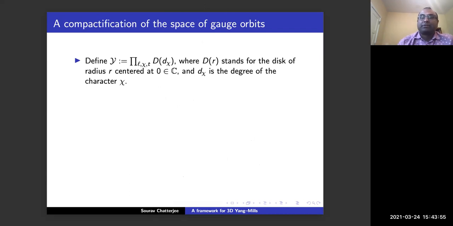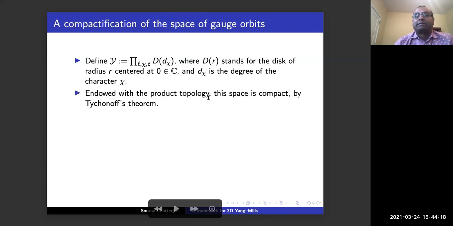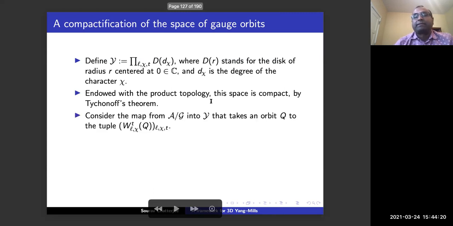Now you can see this abstract approach, a completely simple thing that you can do. The Wilson loop variable corresponding to a character chi has absolute value at most the degree of this character. So you take a disk of radius d chi, and you take the product over all L, chi and t. With the product topology, the space is compact.